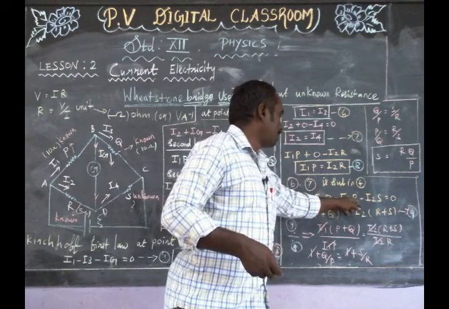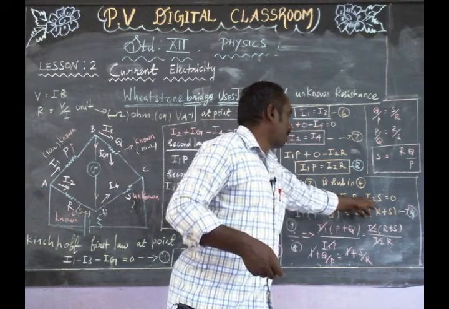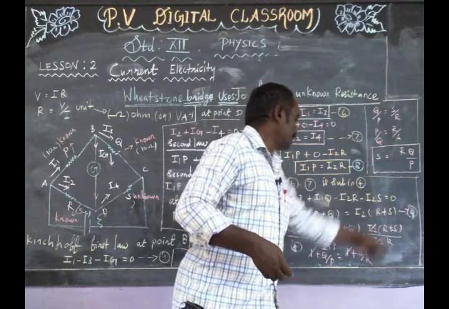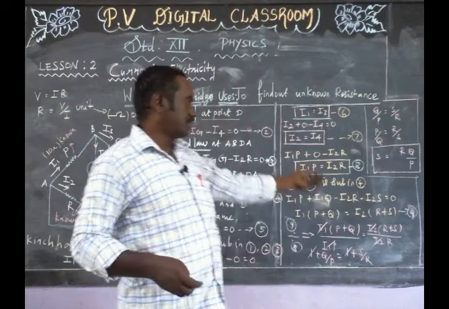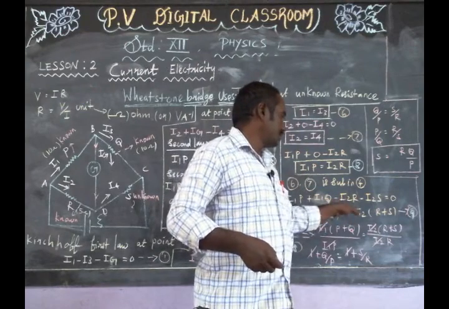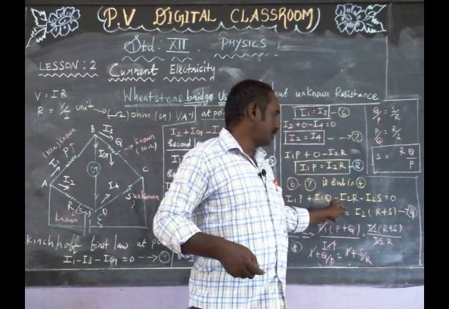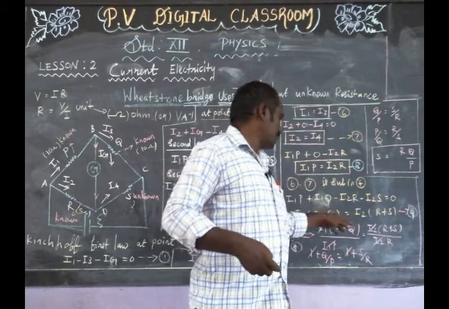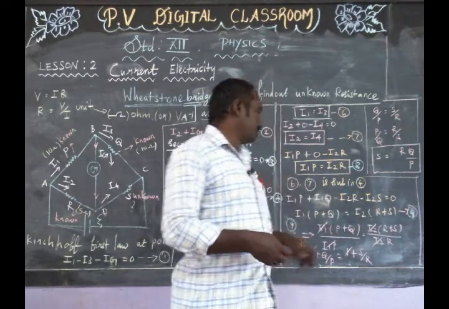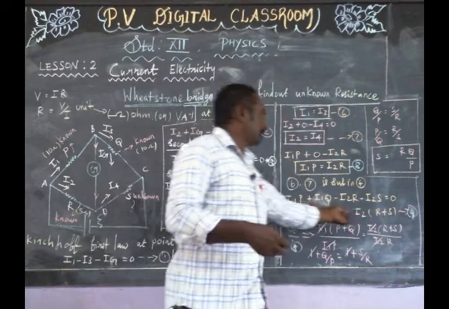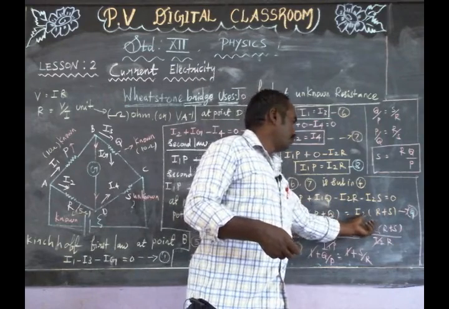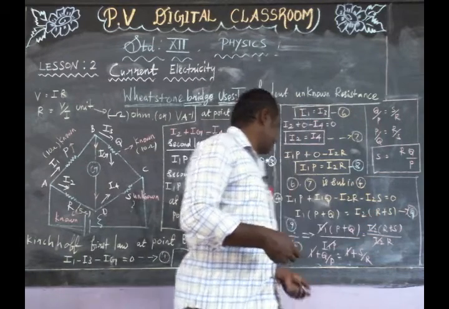So I2 R minus I2 S is equal to 0. If minus goes to the right side, it changes: minus changes into plus. I2 taken out common, I2 of R plus S.